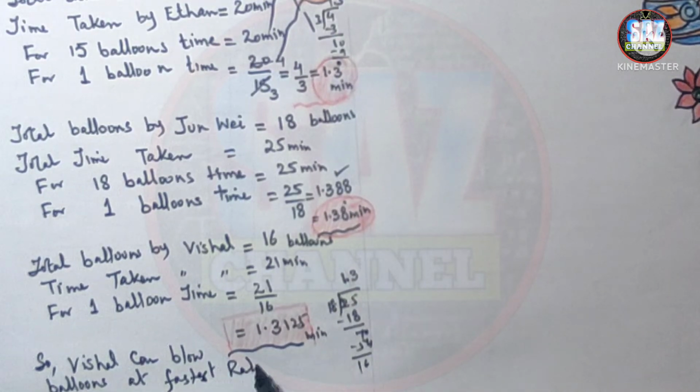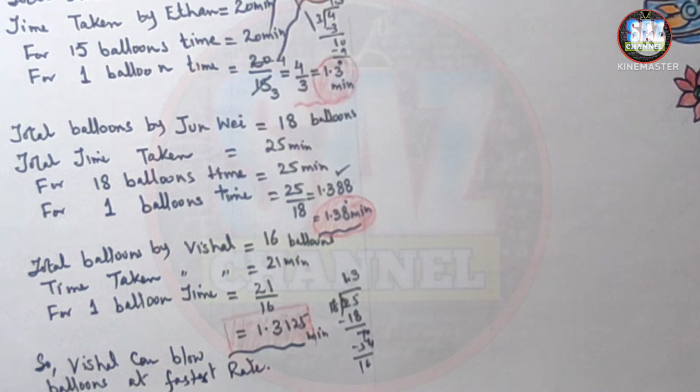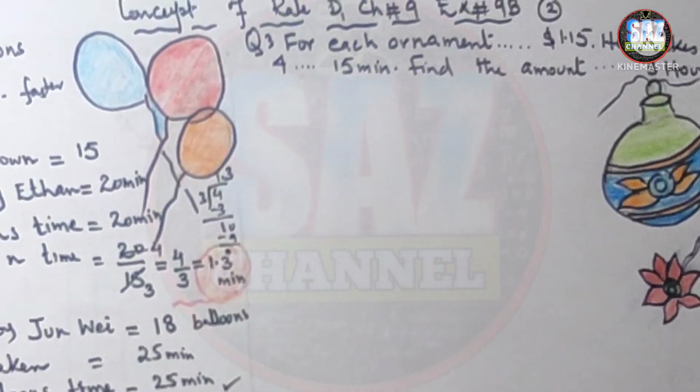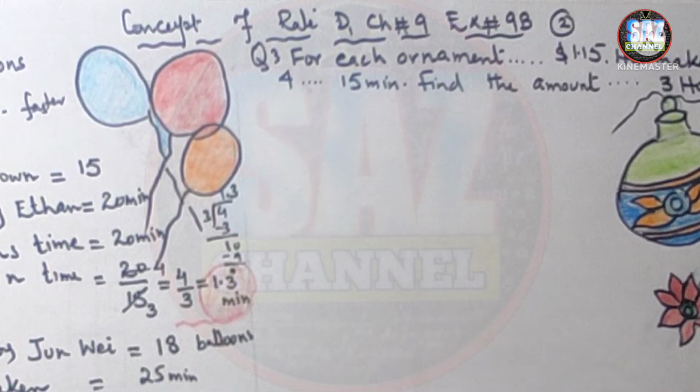Okay students, I hope you are really clear how we decide who can do the job at the fastest rate. Moving to the next question, let me read it from the book. Question number 3.